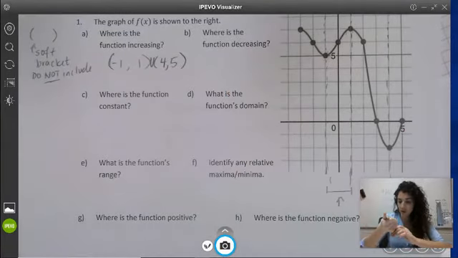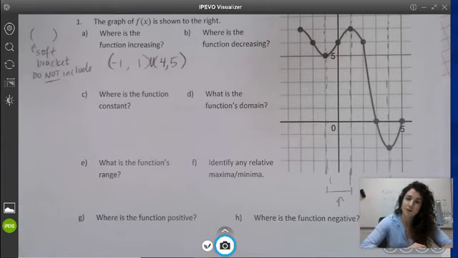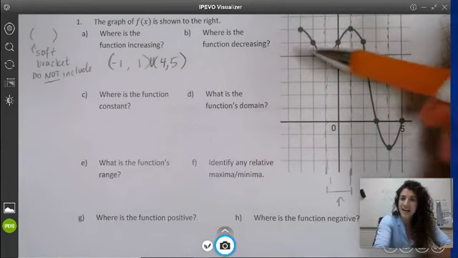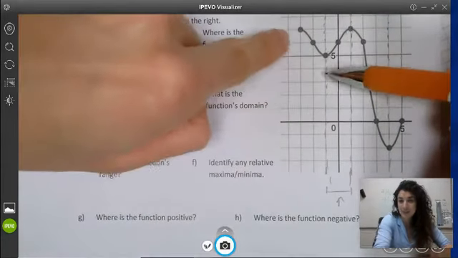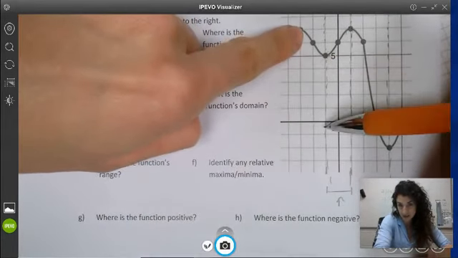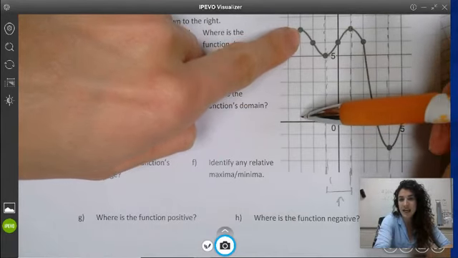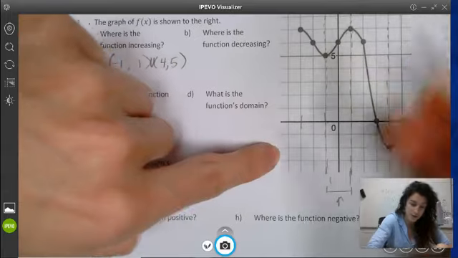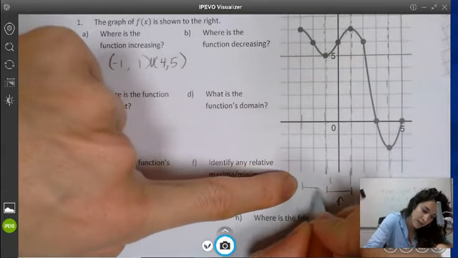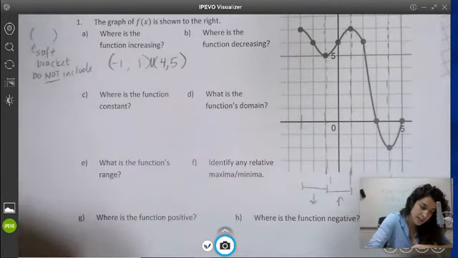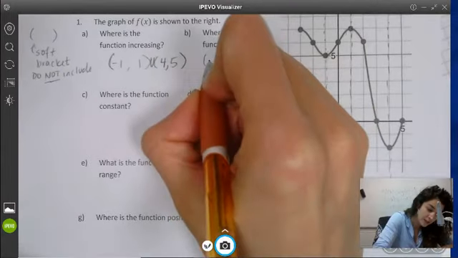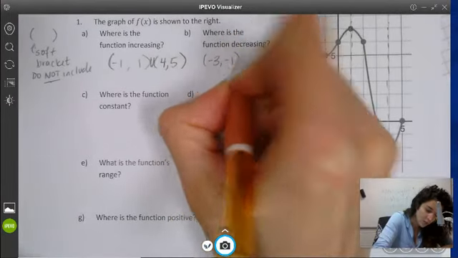There are also two sections where the function is decreasing. Sorry, this pencil is, I'm on the struggle bus today, guys. So the function is decreasing between these two points. This is an x value of -1 and an x value of -3. So between those two x values, we are decreasing. I don't include them. -3 to -1.